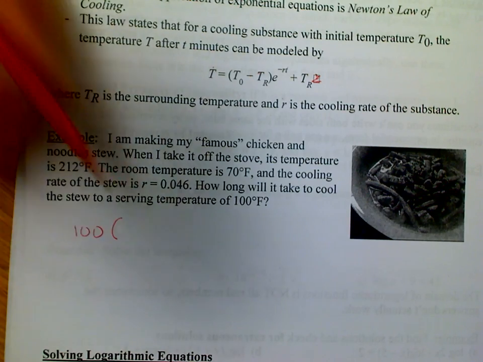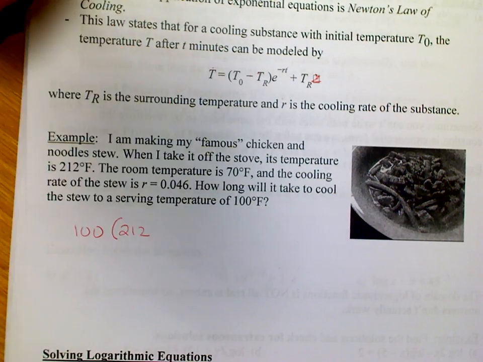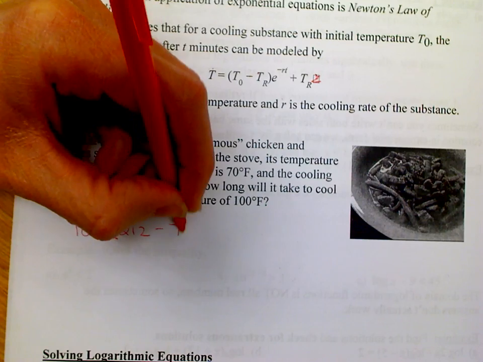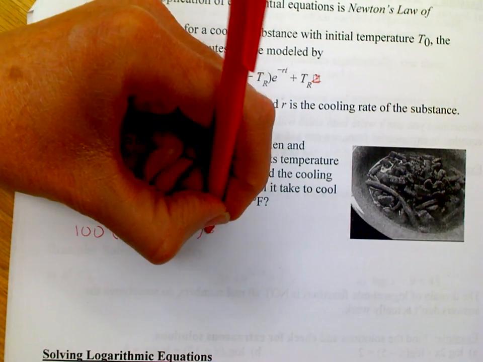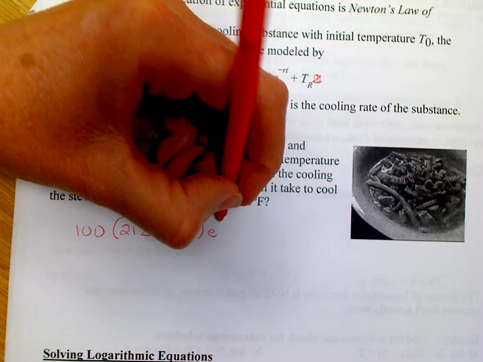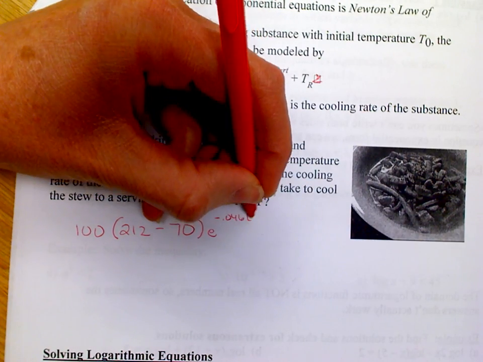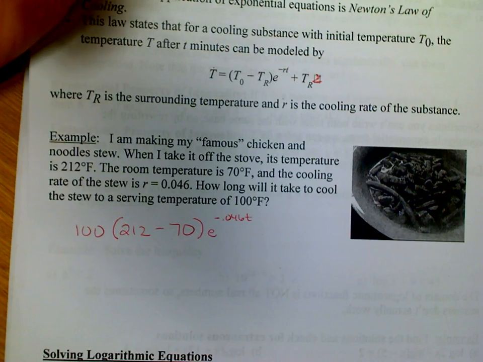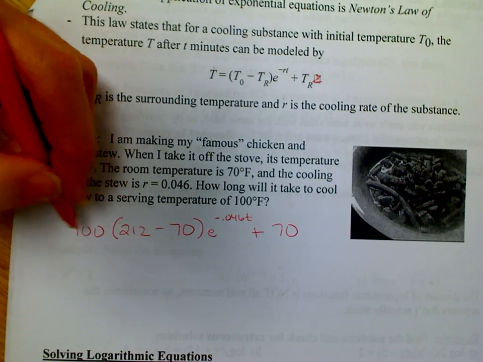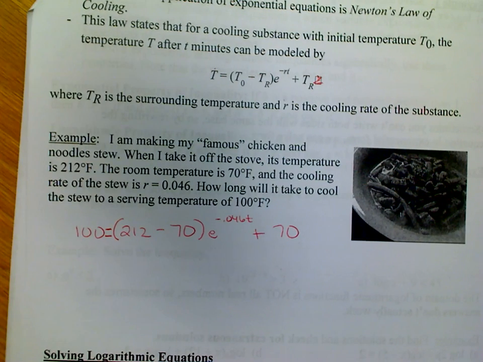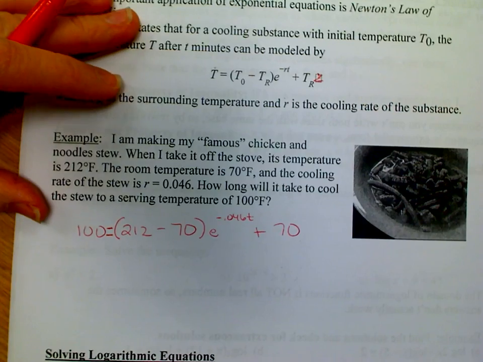My initial temperature when I took it off the stove was 212. The room temperature, T sub r, is 70 degrees, times e to the negative cooling rate 0.046. I don't know how long, so I'm going to leave that as a lowercase t, plus 70. Oops, I forgot my equal sign. There we go. And so now we need to figure out how I can get that lowercase t by itself.